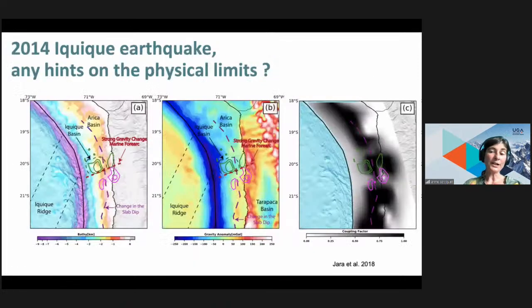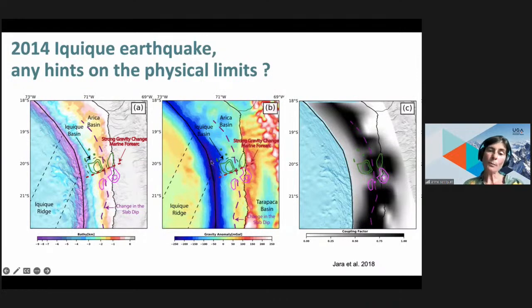And so now if we try to understand the link between the limits of the earthquake and the coupling or any other physical limits, I'm showing a work by Jorge Jara, who did his PhD in Grenoble some time ago, and he's now at GFZ as a postdoc. We can see that the Iquique earthquake, shown here in green, has ruptured those highly locked areas.